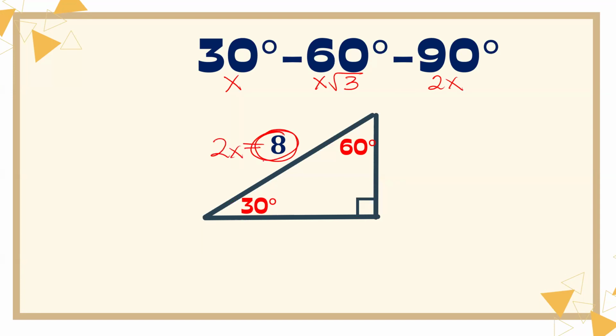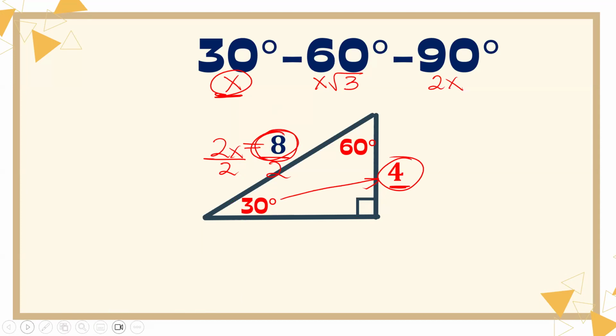So, knowing this, we can determine the value of x by dividing both sides by 2. So, what is 8 over 2? 4. Very good. So, that would be the value of x, which is opposite to the 30-degree angle, right? So, that's 4 over there.